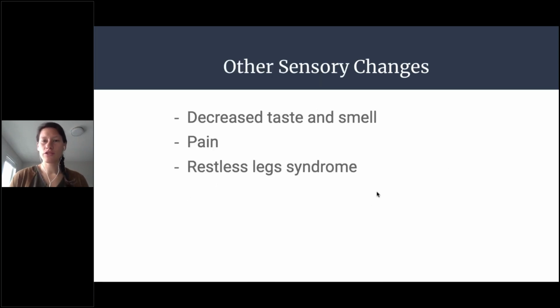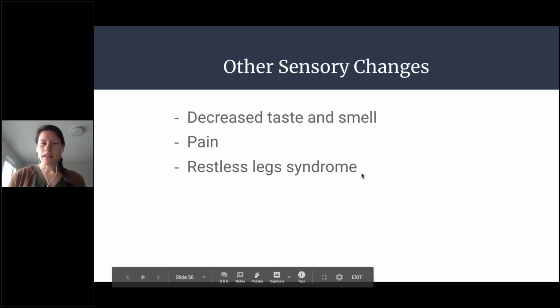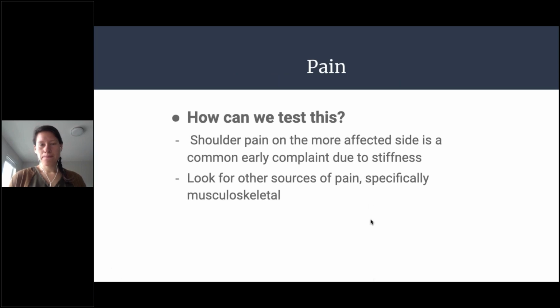So some other sensory changes I'll address include decreased taste and smell, pain, and then restless leg syndrome. So patients with Parkinson's can have many different types of pain.